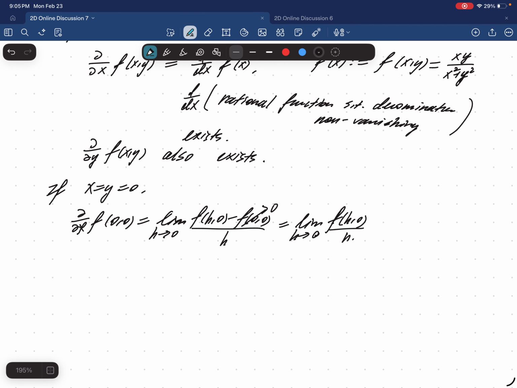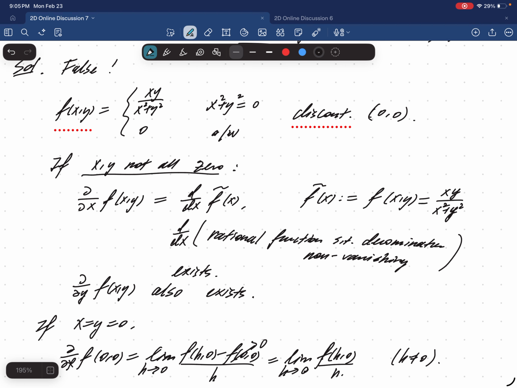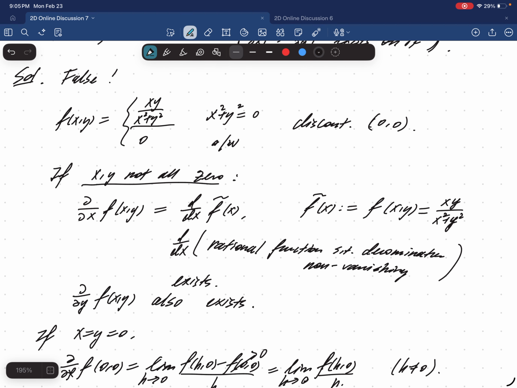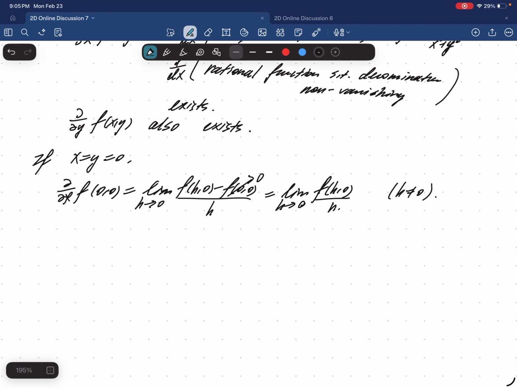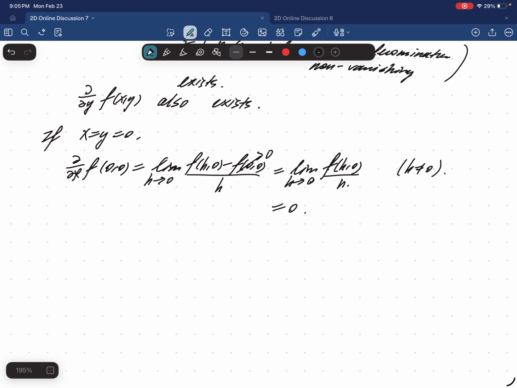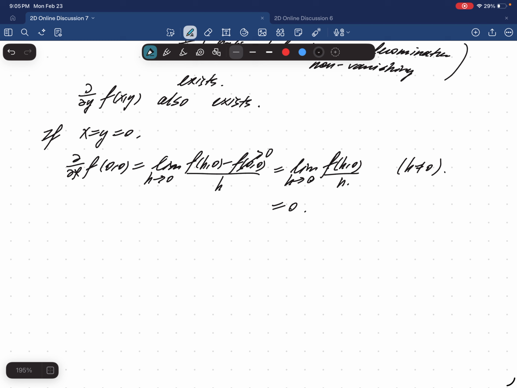Since h is non-zero, we fall into this first clause here. So f(h,0) is going to be h times 0 over something non-zero. So this is constantly 0. Same reasoning for del y of f(0,0).